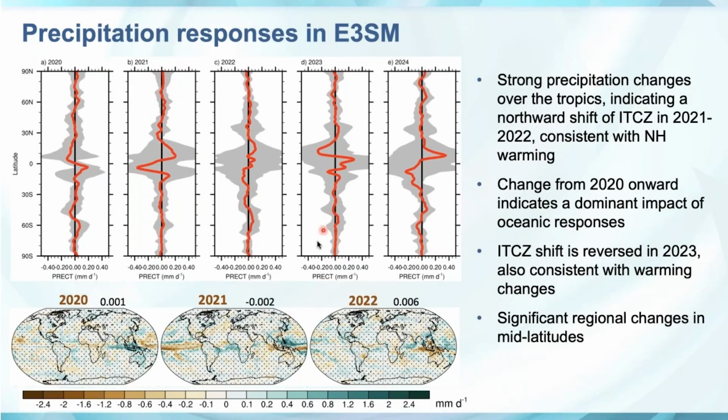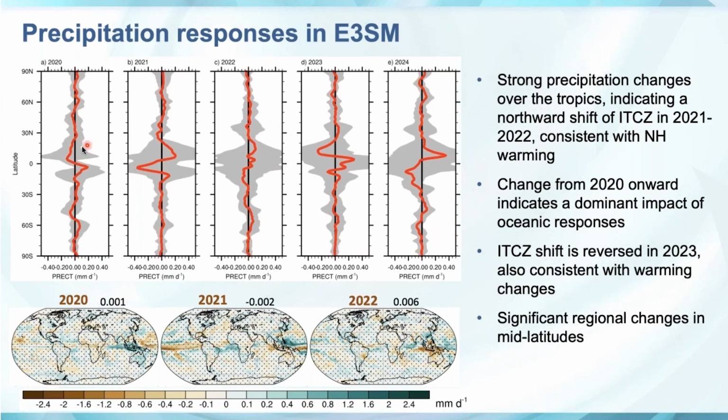Then if we look more into the precipitation response in E3SM, the top panels show here from year 2020 to 2024, the strong signature that stands out is the tropical shift in precipitation pattern. It's very likely related to the shift of the ITCZ, which is also consistent with temperature change.